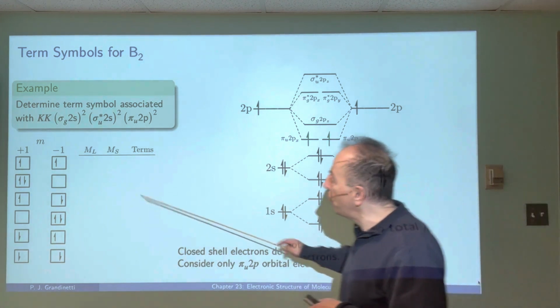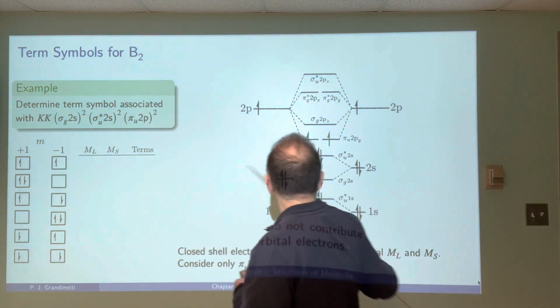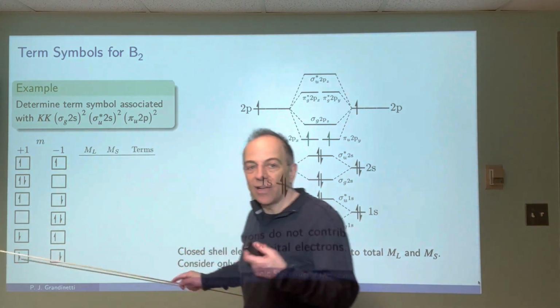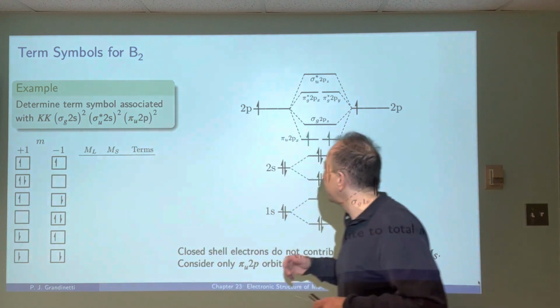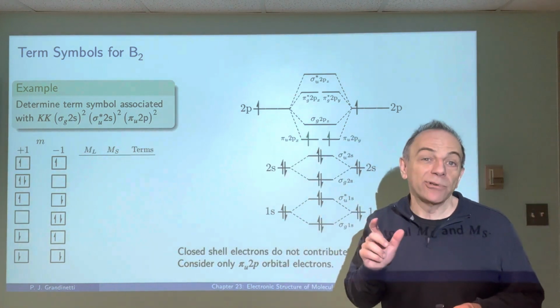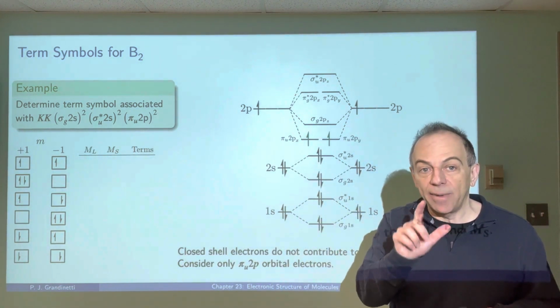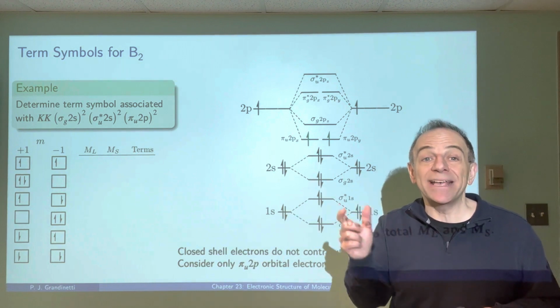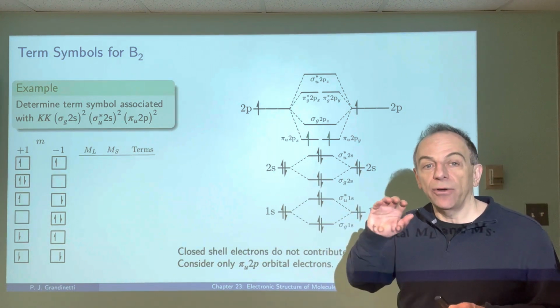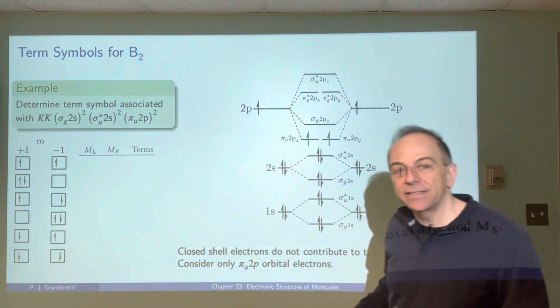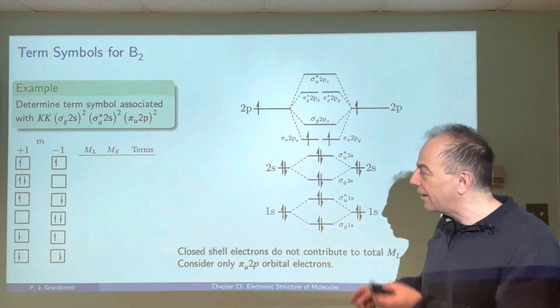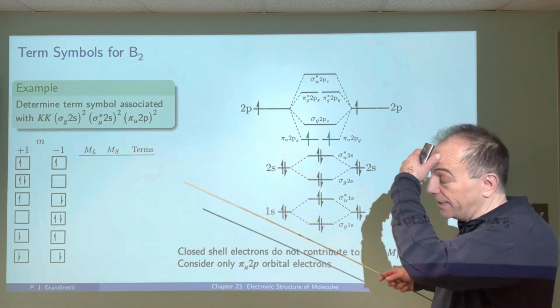So if we go over to making ourselves a table, kind of like what we did with the atomic term symbols, except now we know that these electrons can go into molecular orbitals that are either M sub L of plus or minus 1 and M sub S of plus or minus half. Given that we have Pauli's exclusion principle, there are 6 possible ways in which we can arrange that. So again, this is not too dissimilar to what we did with atomic states.